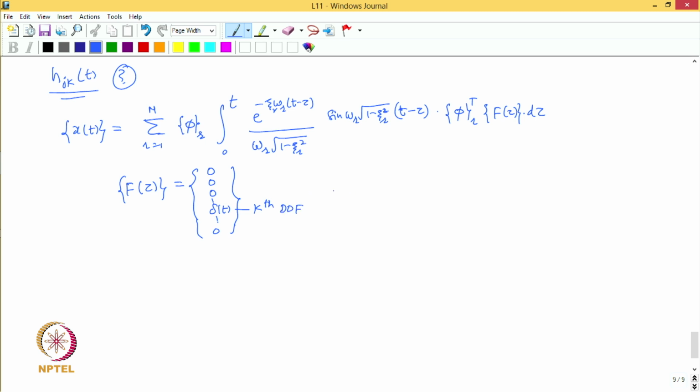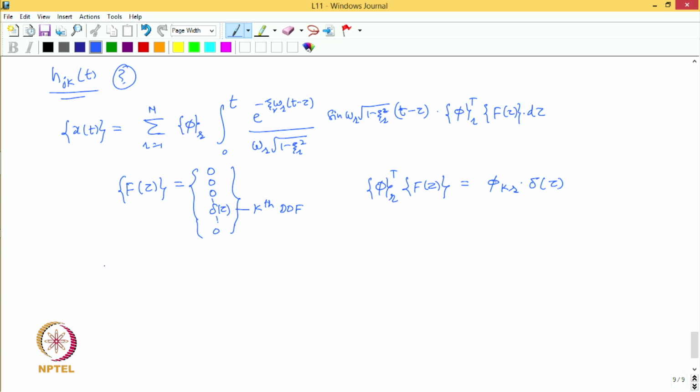When this is done, the product phi r transpose f(tau) would be equal to phi_kr, the kth element of the eigenvector, multiplied by delta of tau. Here also I need to write delta of tau because we are defining f of tau.